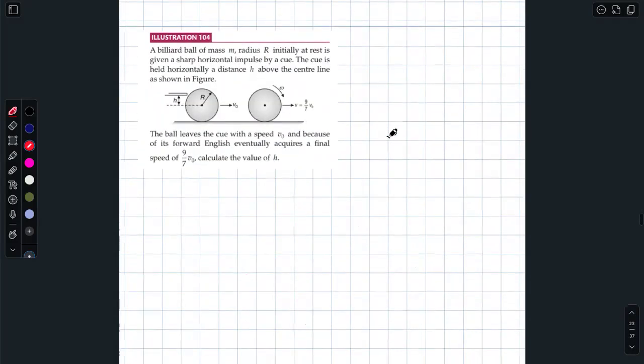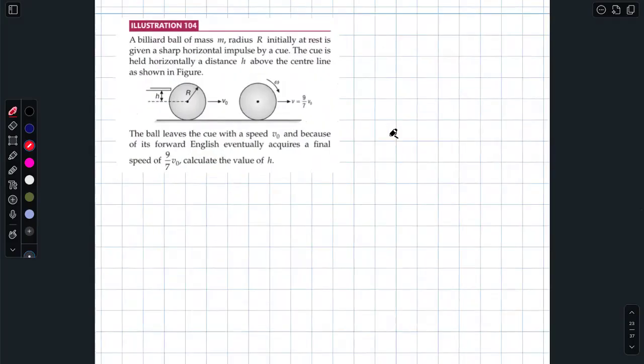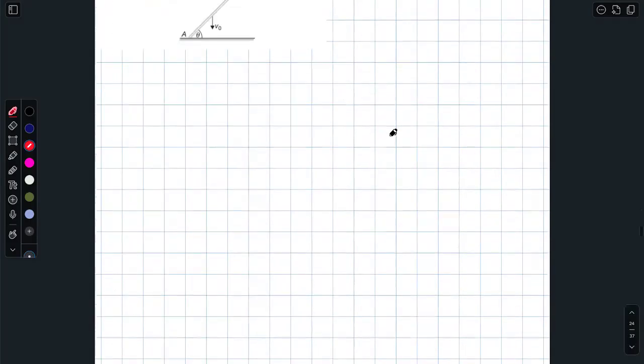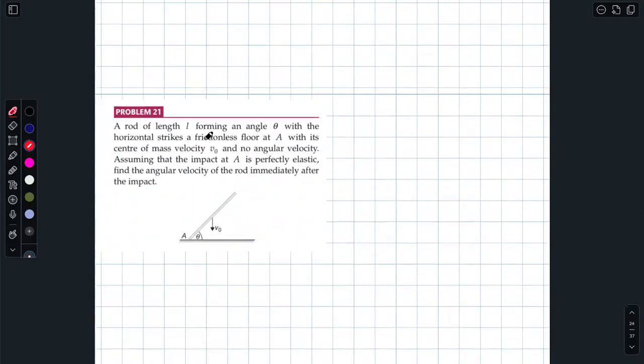Next. This is also a standard problem, actually. I don't do this question totally because you already have the answer; I have done this question.